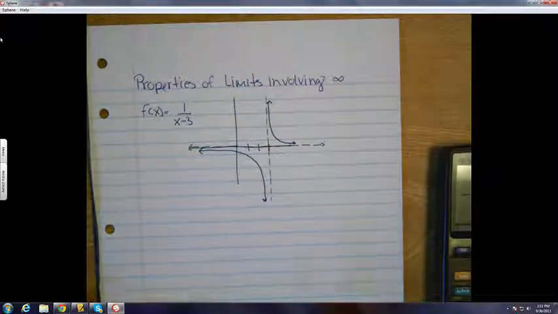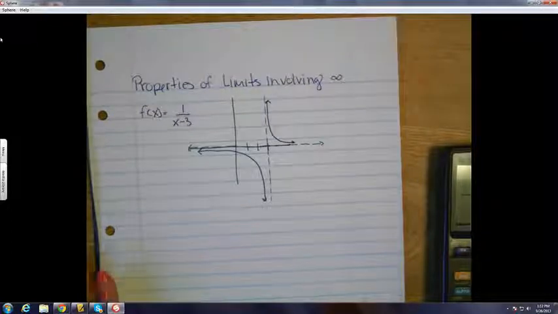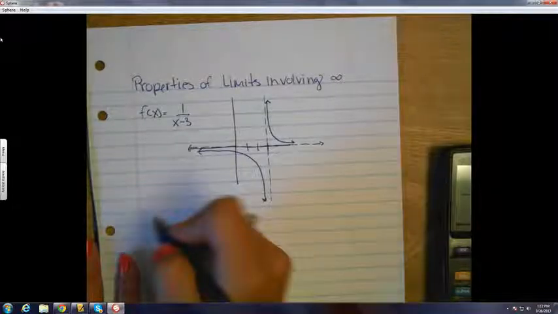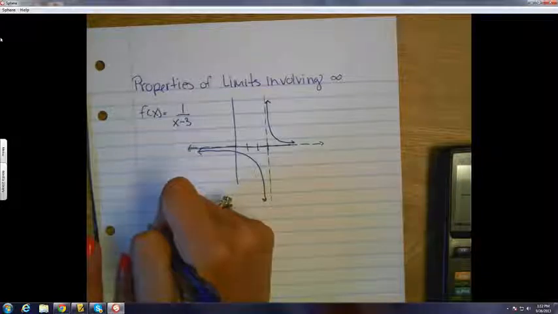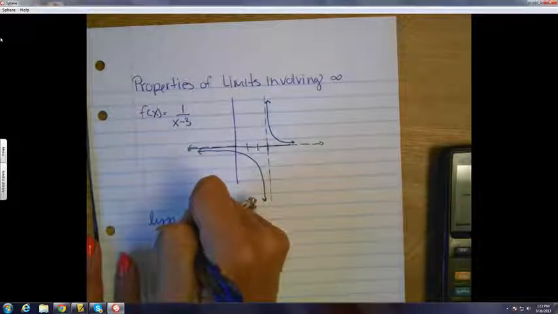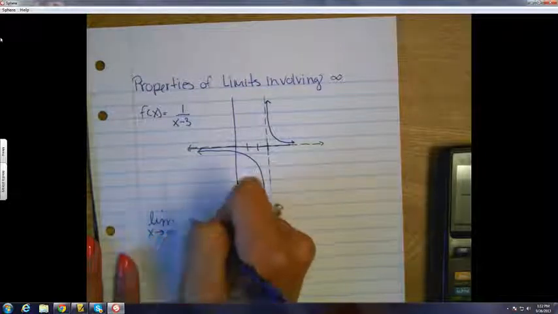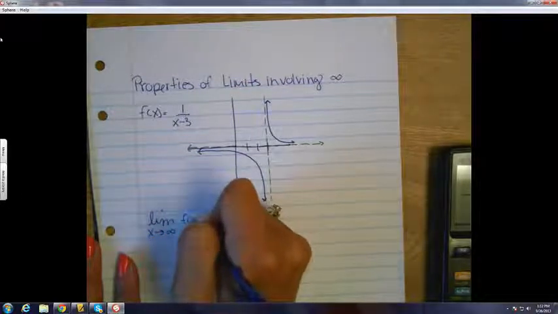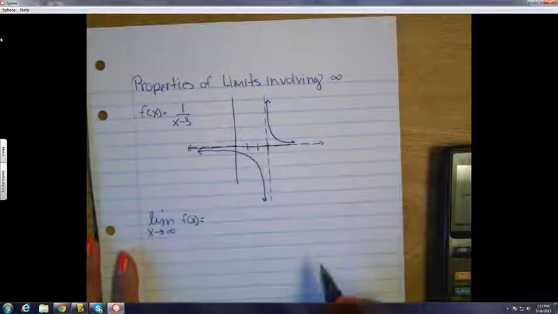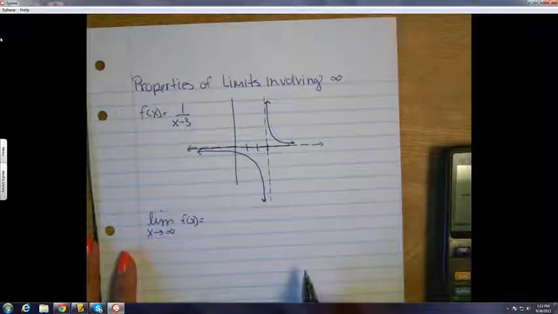Now, two different cases to look at inside of this. As x approaches infinity, we want to look at the limit as x approaches infinity. And then just from the graph, let's see if we can get this limit.